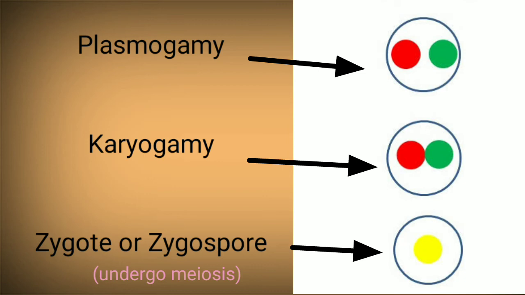Karyogamy leads to the formation of the zygospore, and this zygospore divides by meiosis cell division to form haploid nuclei. This whole process of division of the zygospore is called meiosis. So these are the main steps involved in sexual reproduction in fungi.